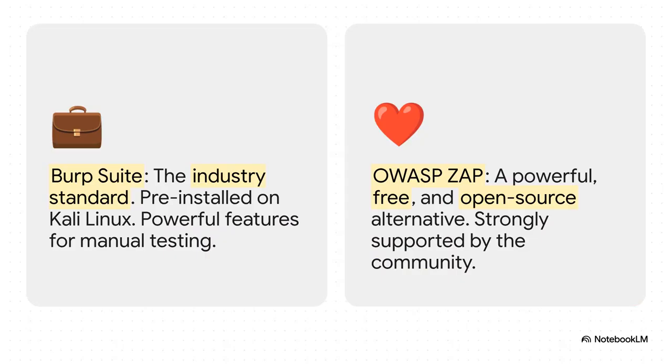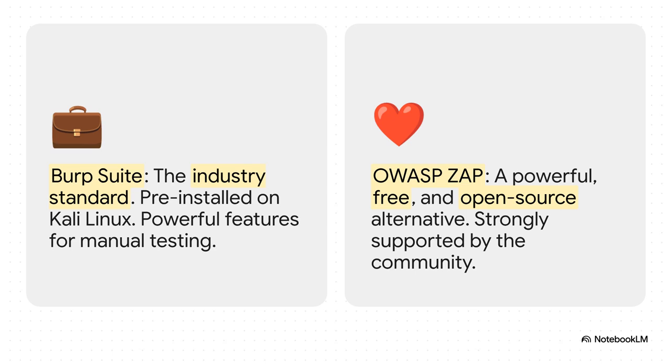And the best part is, you've got two fantastic industry-leading choices right out of the gate. Burp Suite is the commercial standard, and the free Community Edition comes pre-installed on Kali, which is just incredibly convenient. The other one is OWASP ZAP. It's a completely free and open-source powerhouse, and it has a massive, really supportive community behind it.